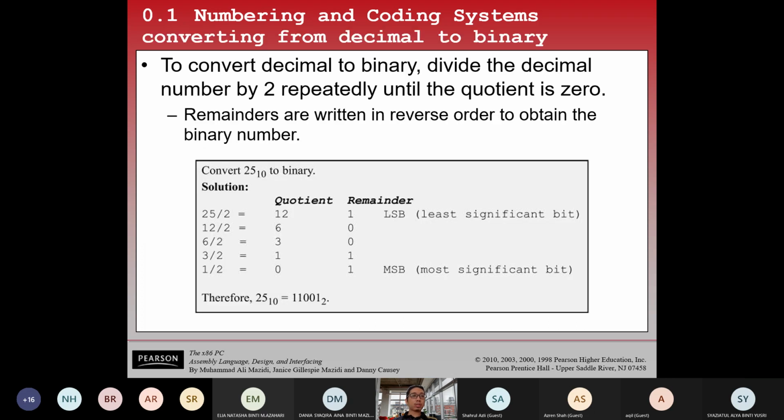Okay, so to convert the decimal to binary, we want to divide the decimal number by 2 repeatedly until the quotient is 0.